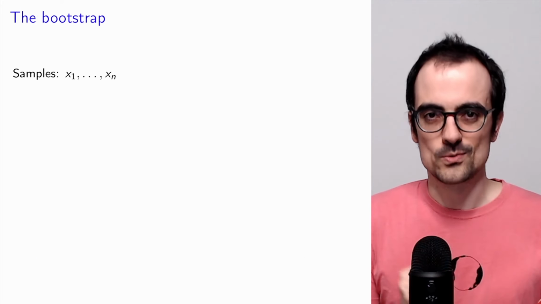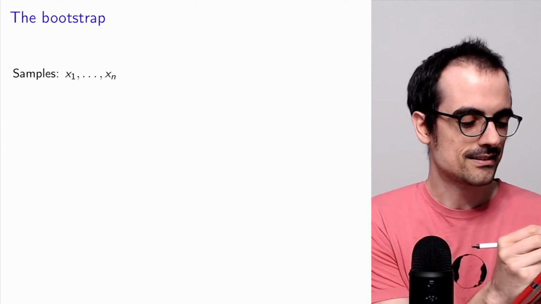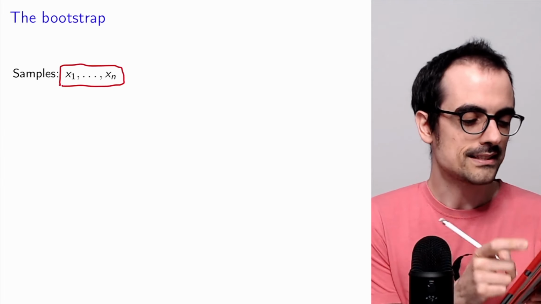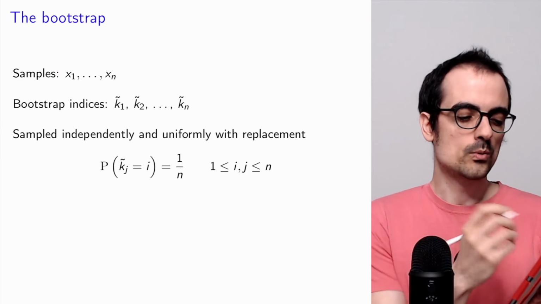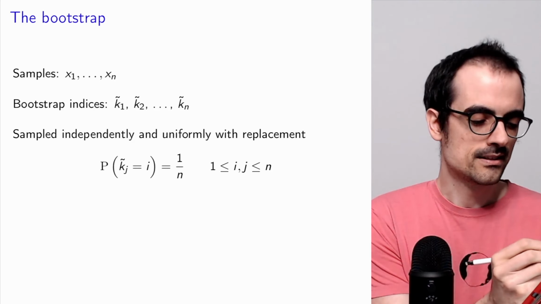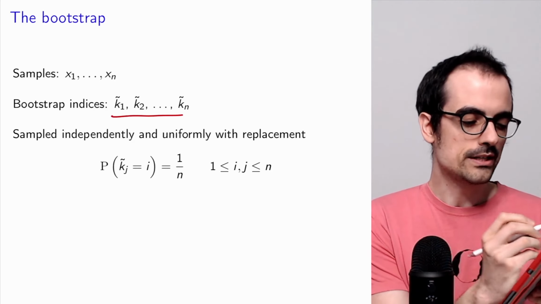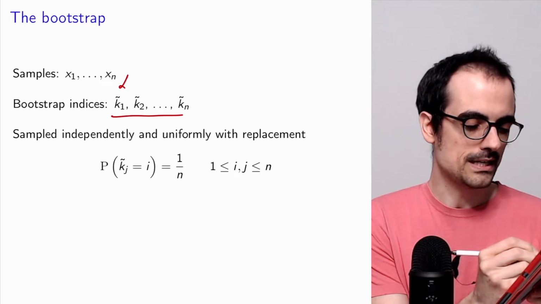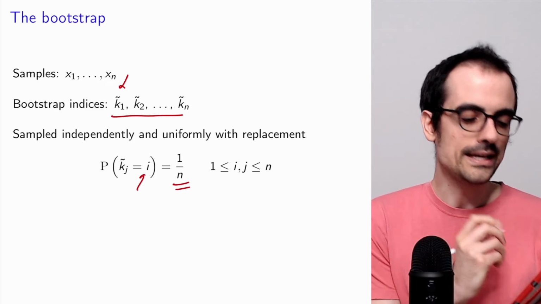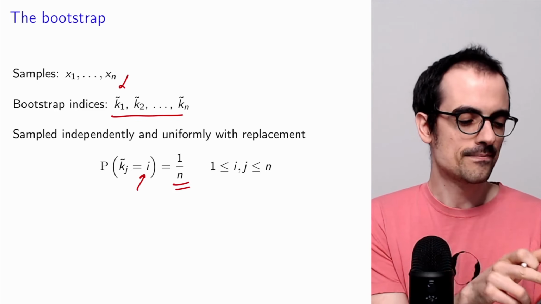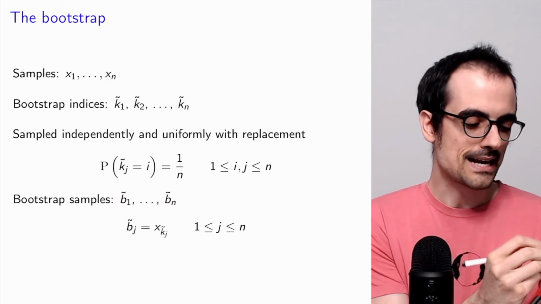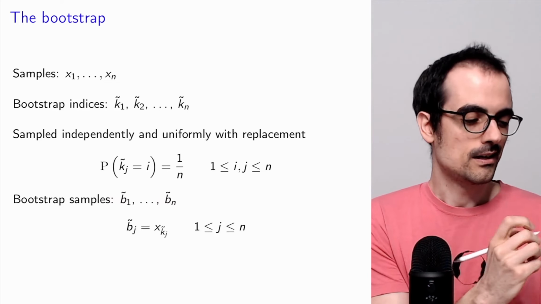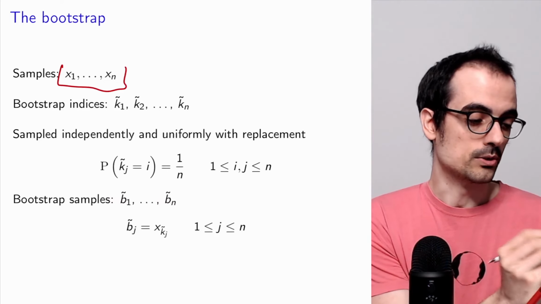That's the bootstrap. So just to make very clear what we're doing here, we have n samples, which is our data. And what we do is we take n indices at random. So each of these guys has the same probability of corresponding to each of the n indices. And we create bootstrap samples by basically sampling these guys according to those indices.